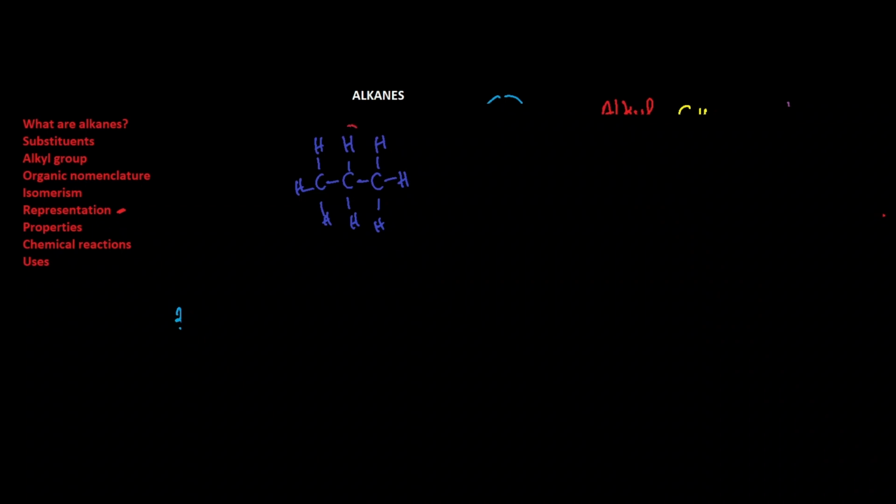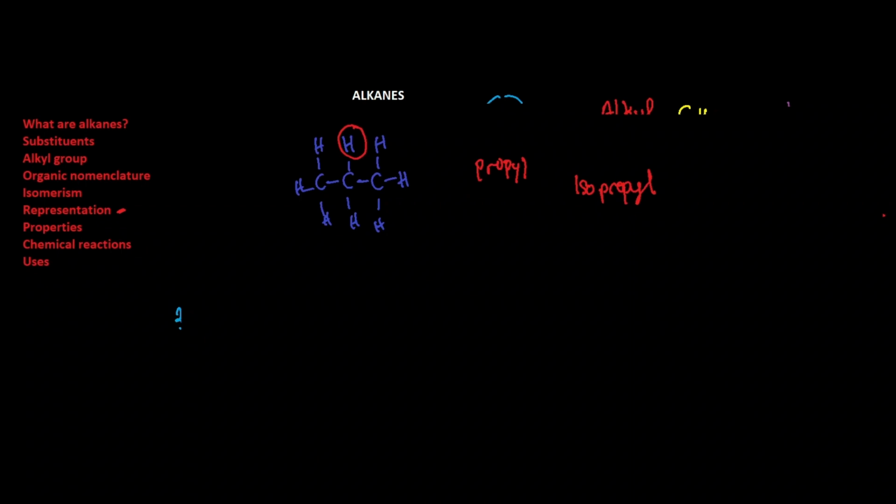Now, if we want to form an alkyl, and by so doing we eliminate this hydrogen, the alkyl formed is not propyl. The alkyl formed is actually isopropyl.